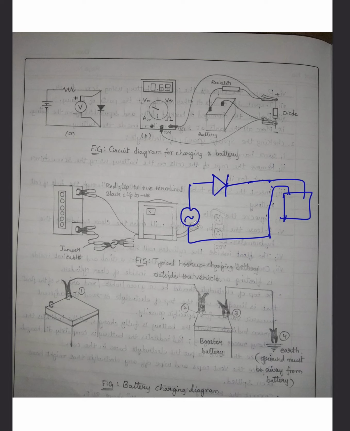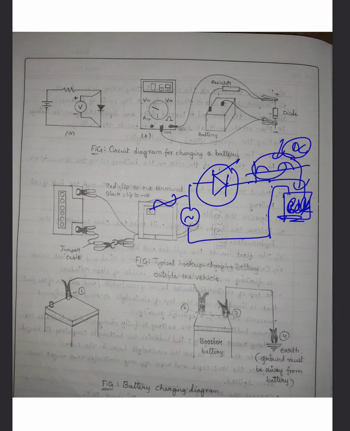So the diode is used because this is full wave, and the output will be half wave. So this is the DC. See, DC voltage is given to the battery cell, so that you can charge this battery locally.